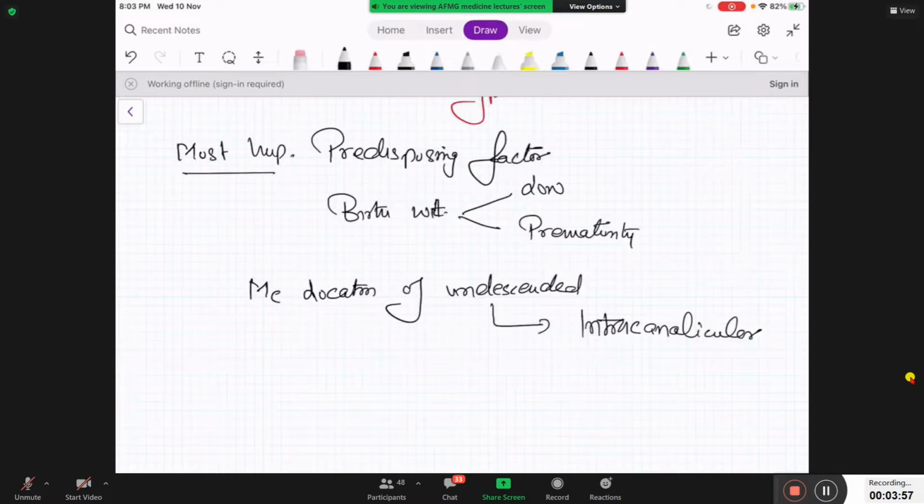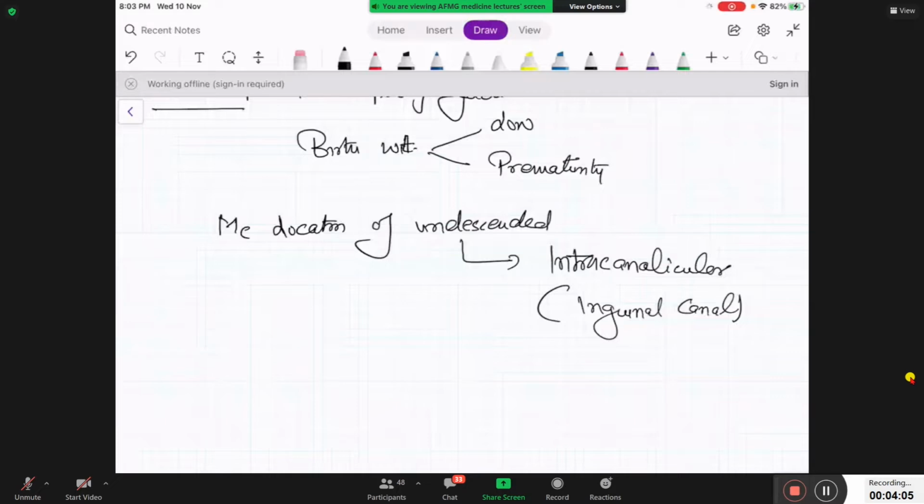Intracanalicular, that is inside the inguinal canal. Most common presentation of undescended testes is absent testes.